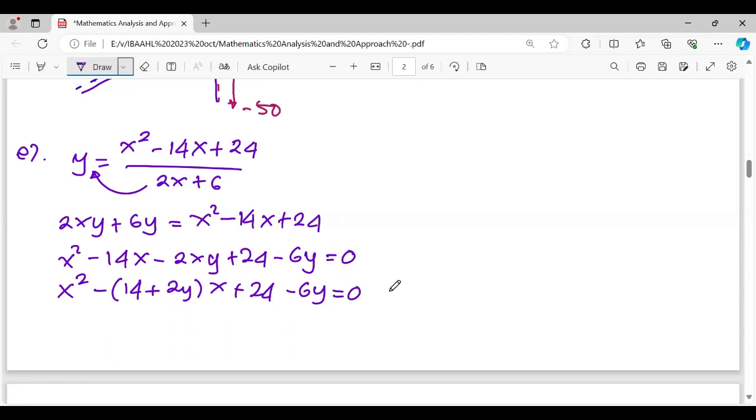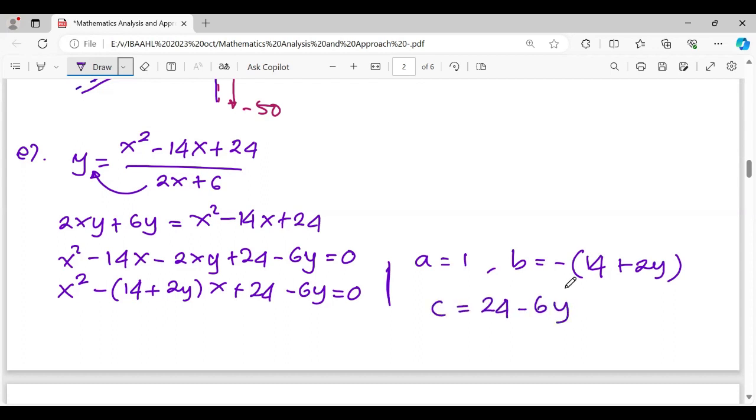So identify that a equals 1, b equals minus (14 plus 2y), while c is 24 minus 6y.